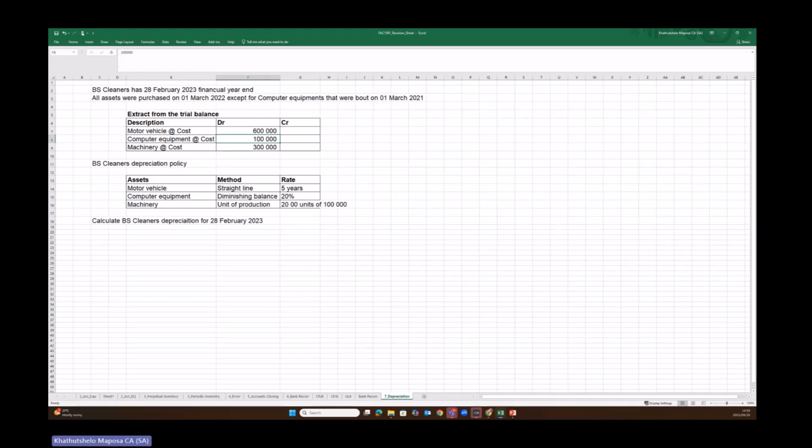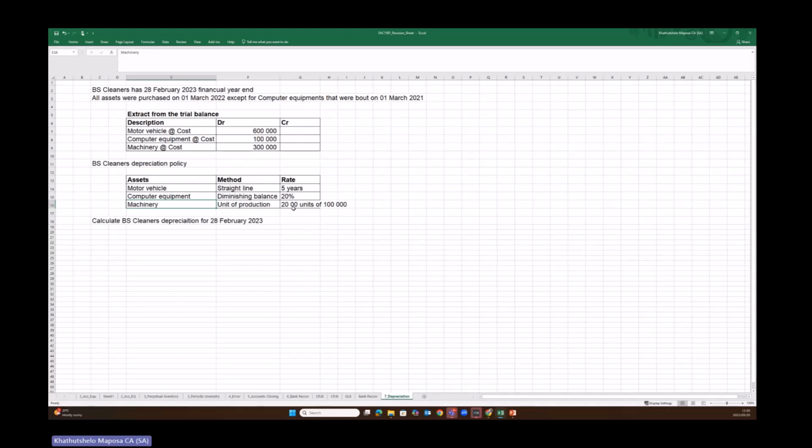Tepo, I don't remember you speaking today. Please calculate the last one for us. Machinery: we bought this machine for 300,000 on 1 March 2022.